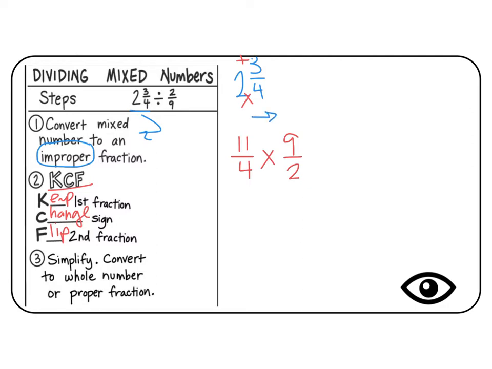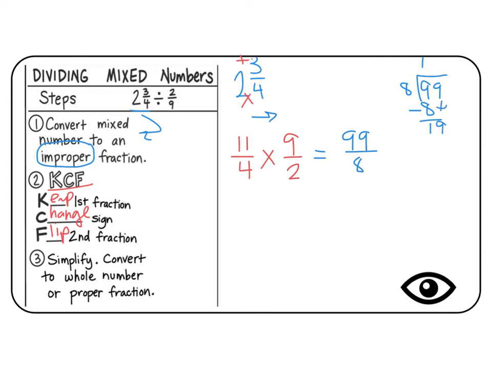So 11 times 9 is 99, and 4 times 2 is 8. We do indeed have an improper fraction, so let's divide. 99 divided by 8. 8 goes into 9 one time, which is 8. Subtract, we're left over with 1.